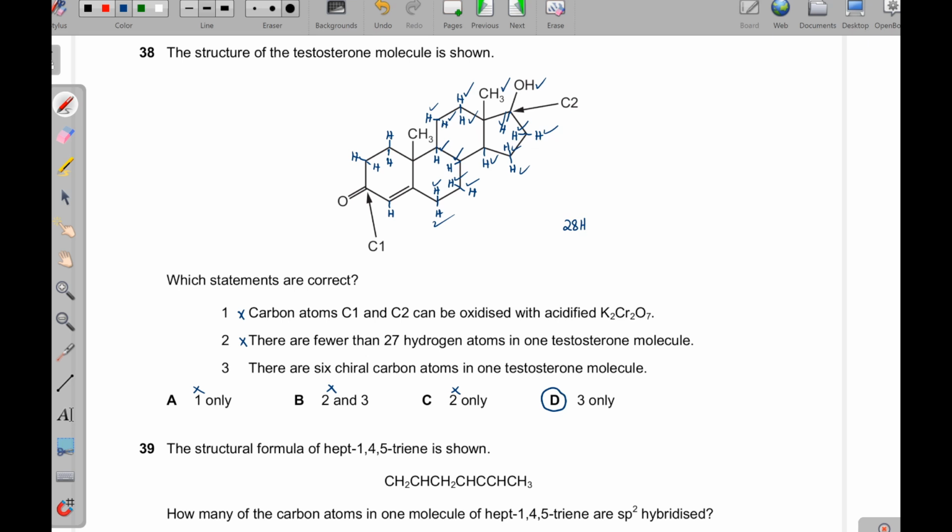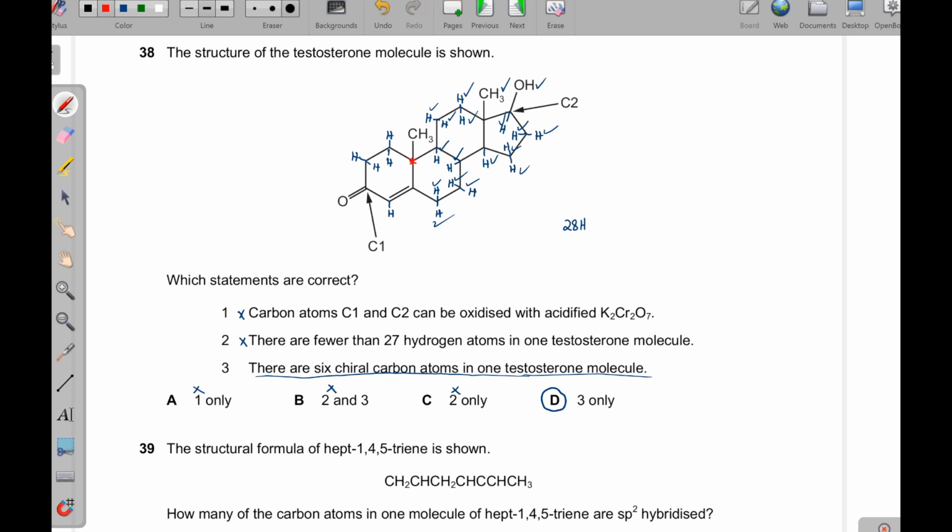But let's check 3. There are 6 chiral carbon atoms in one testosterone molecule. Okay, let's check again. The chirocenters. A chirocenter is that carbon that is connected to 4 different groups. Okay, so there is this one here is a chirocenter. In fact, let me use red. This one here is a chirocenter.